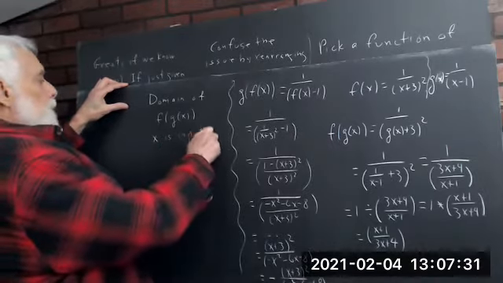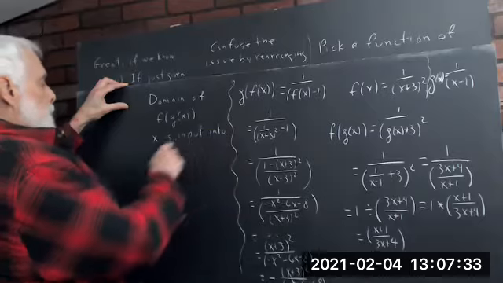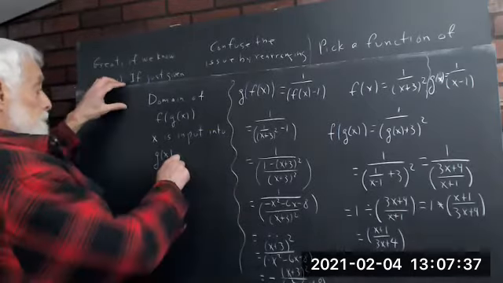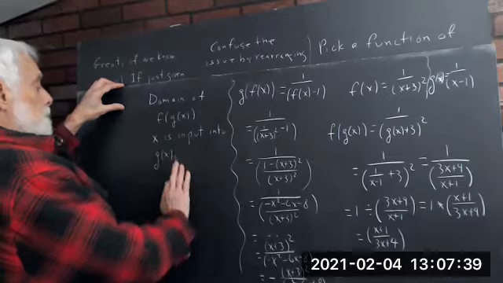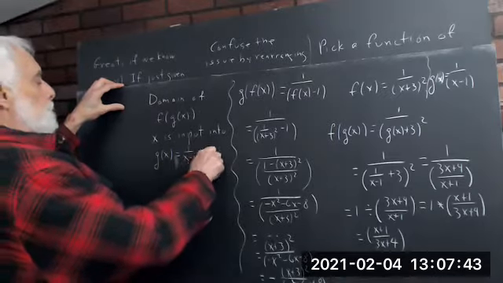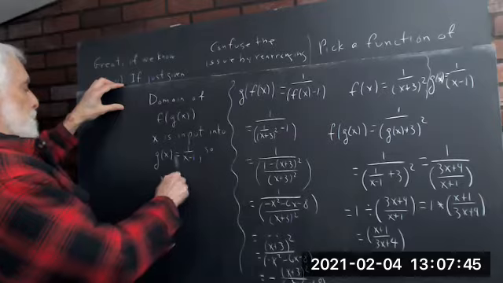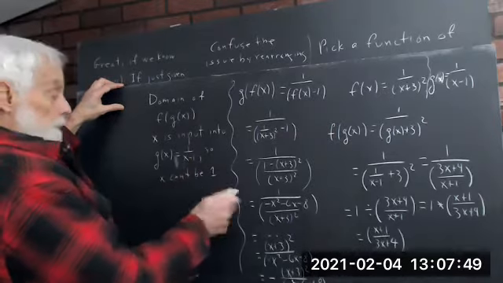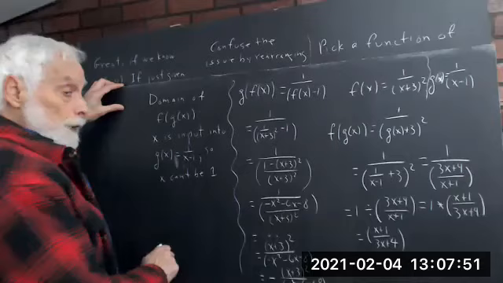So I'm going to say x is input into g of x, which is equal to 1 over x minus 1. So x can't be 1. If it is, you have division by 0.